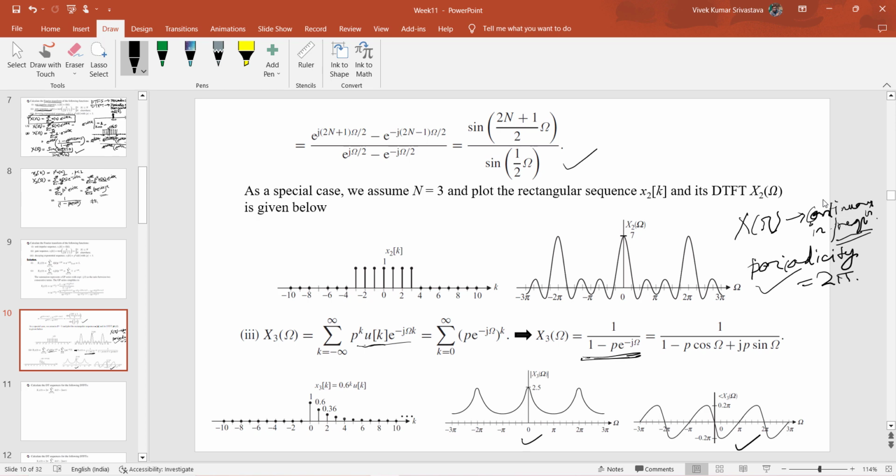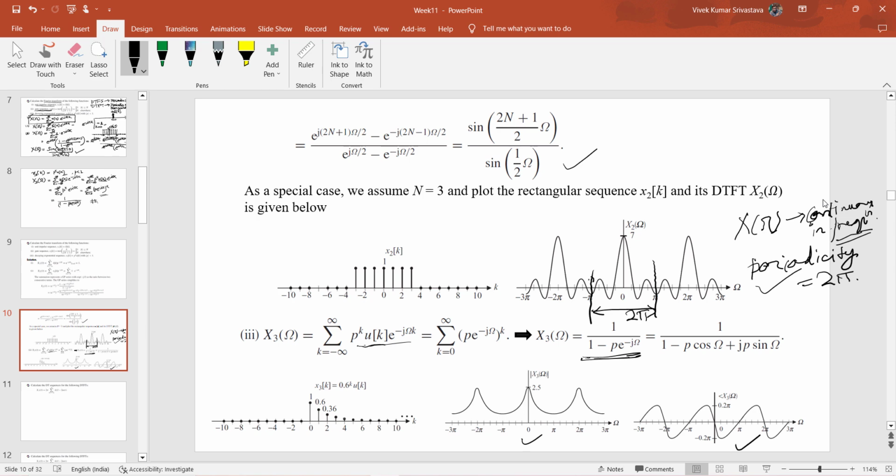If you are confused, here I have already plotted the discrete time Fourier transform. This corresponds to one fundamental period of X of omega, which has a value of 2 pi.